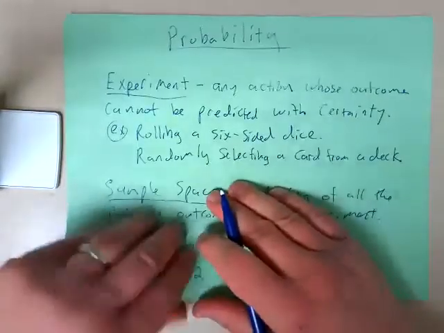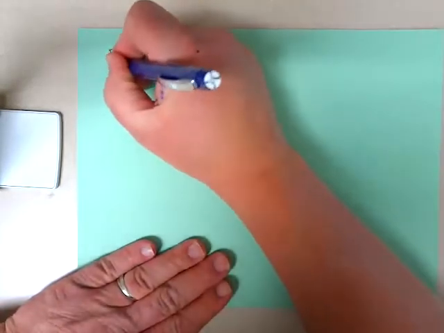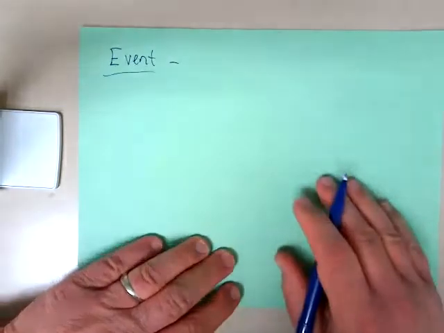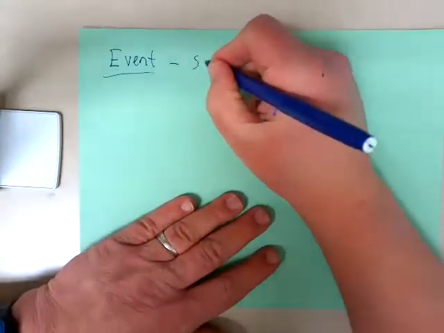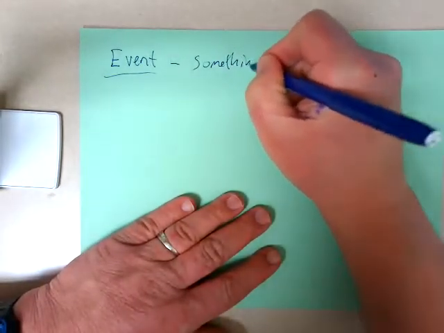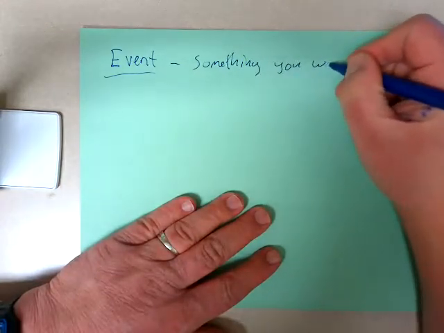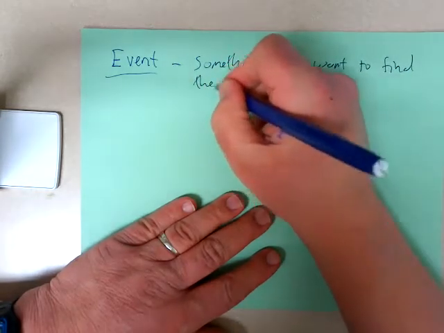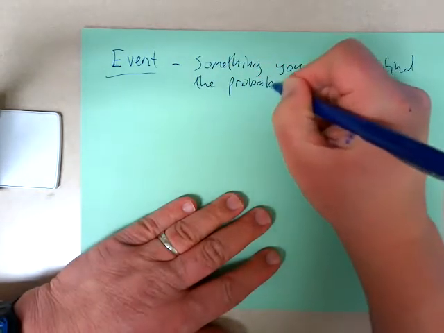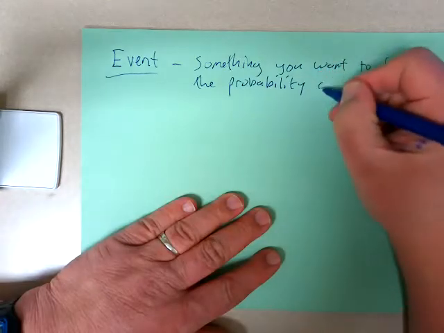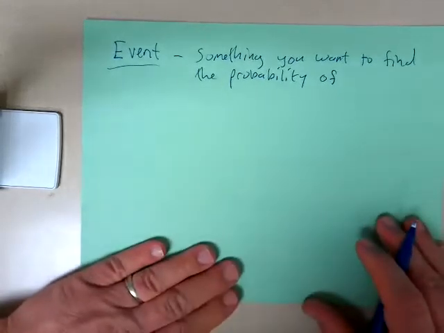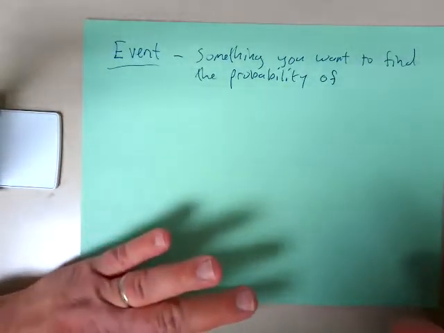So now I'm going to define something called an event. Okay? And there's 2 ways to look at this. An event is something that you want to find the probability of.